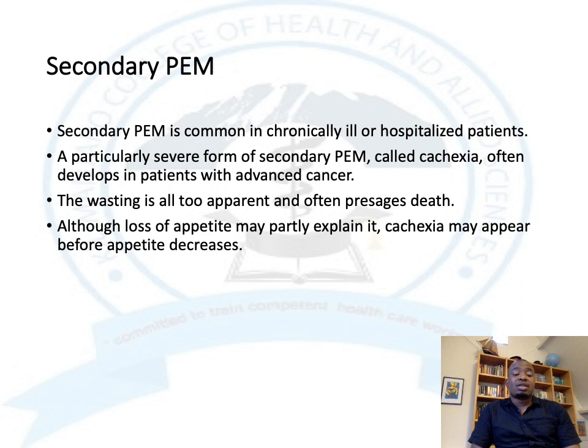The wasting is all too apparent and can go on to cause death. Although loss of appetite may partly explain it, cachexia may appear before appetite decreases. So the issue here is not just not taking food, carbohydrate and protein, but also there is high catabolism taking place due to the disease, advanced cancer, and other metabolic activities which cannot easily be seen.